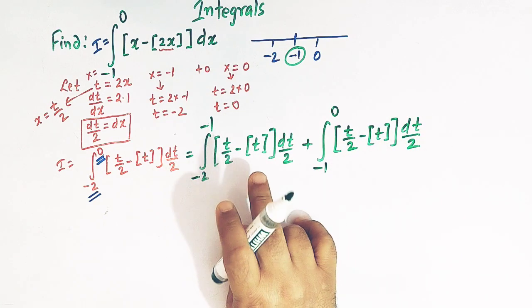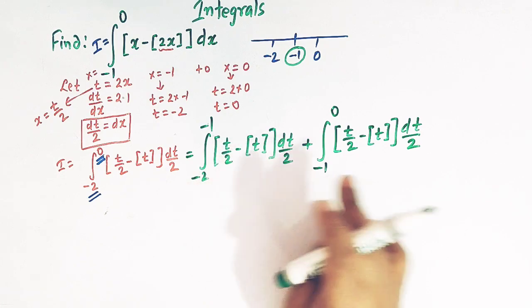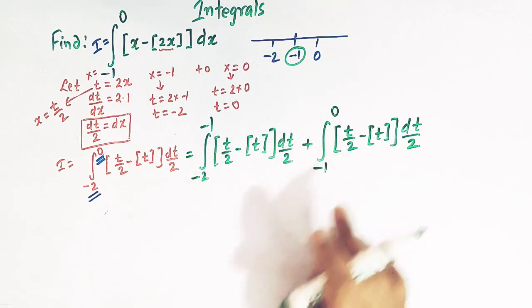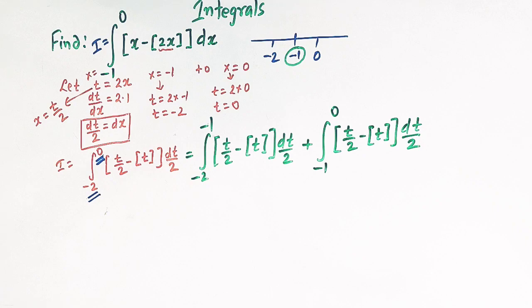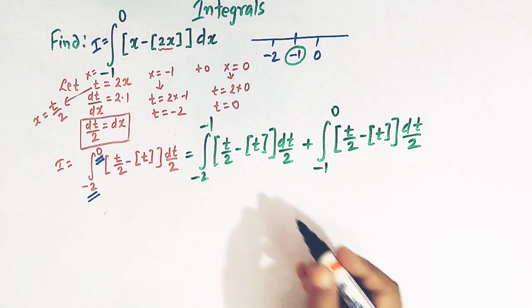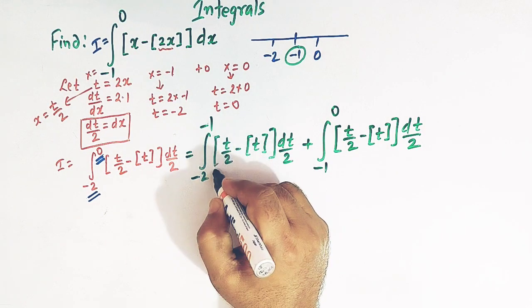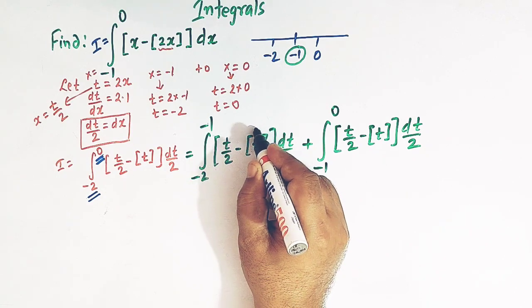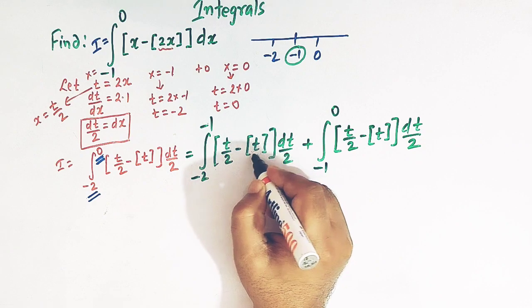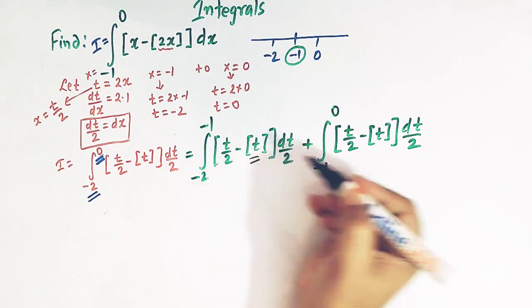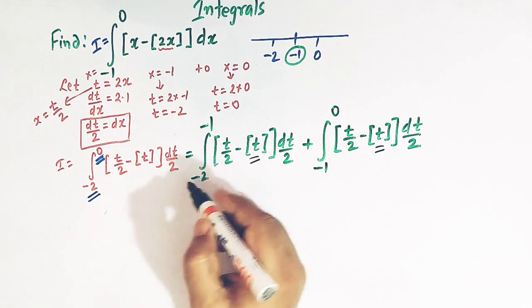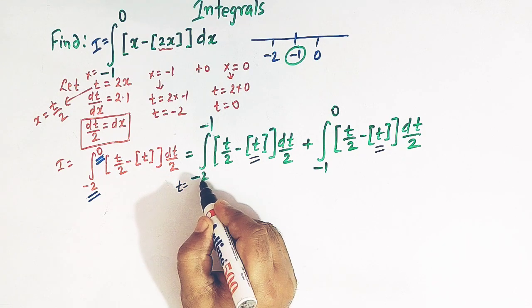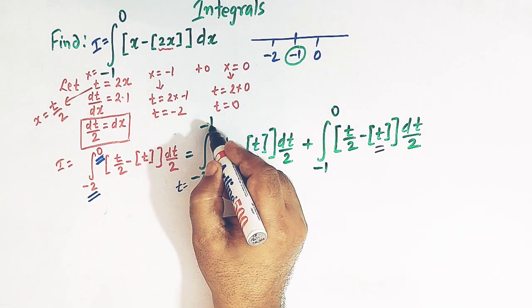Now our aim is to get the values of these two integrals. So now see here inside this greatest integer function symbol, we have another greatest integer function, that is greatest integer of t, right? So what we will do here, the value of t varies from -2 to -1, right?